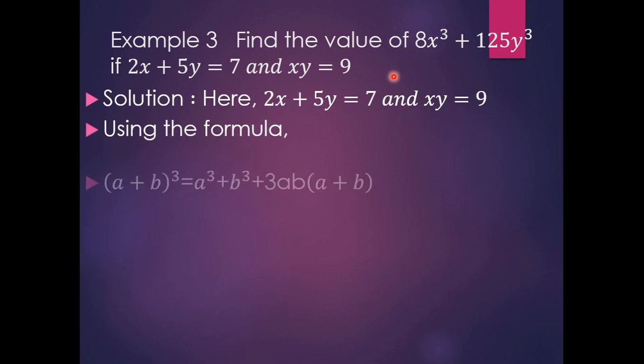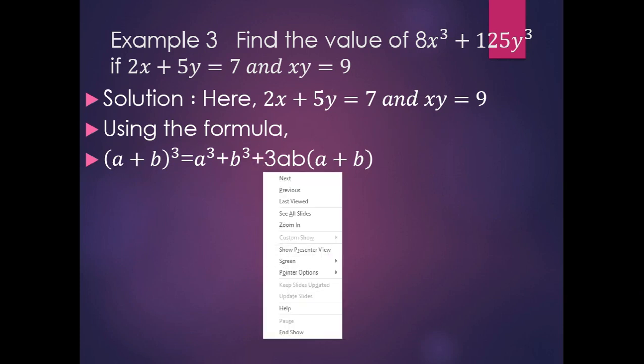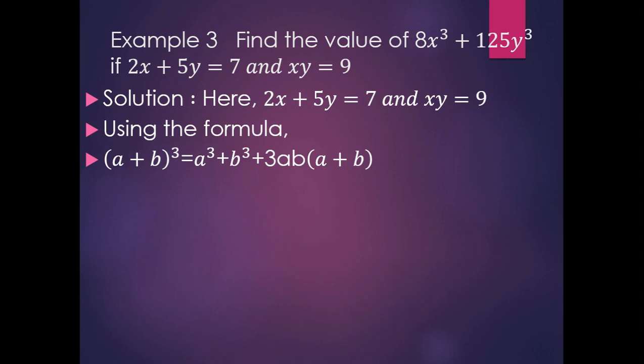And using the formula, a plus b whole cube equals a cube plus b cube plus 3ab times a plus b is the formula.